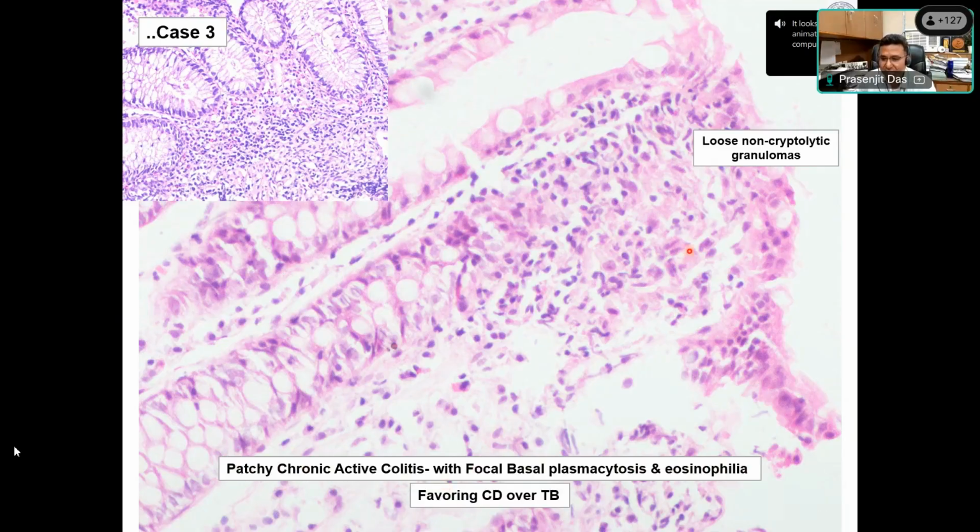But based on other features, now we'll write the etiological diagnosis that it is favoring Crohn's disease over tuberculosis. Okay, and you can favor in this case, because always please remember, histological diagnosis in IBD we can favor, but it is only confirmed after radiological and clinical correlation. Okay, be very clear. So we can favor Crohn's disease in this case because of this particular finding.